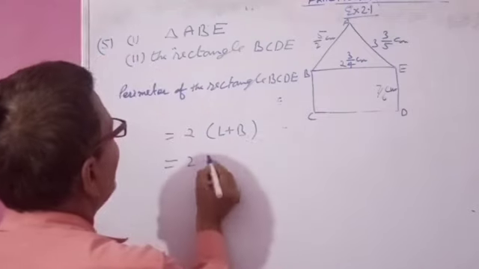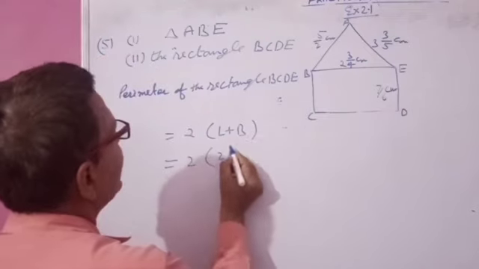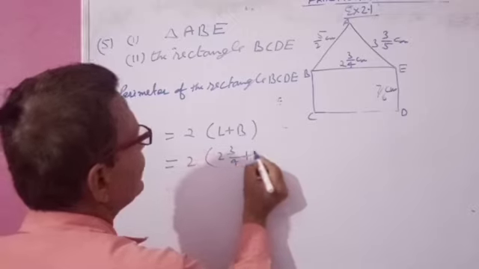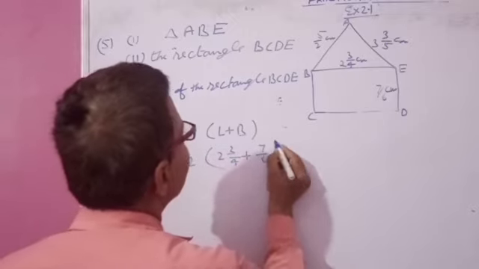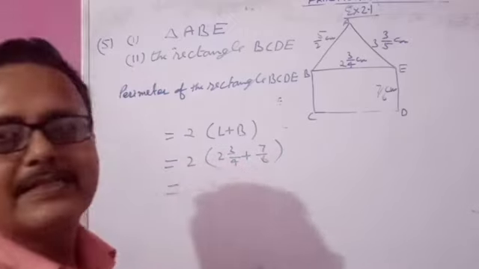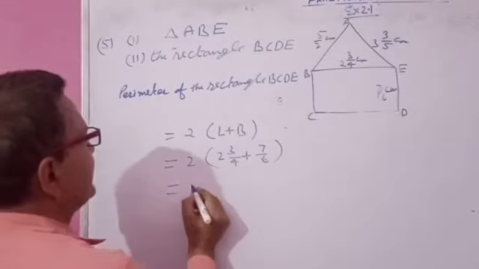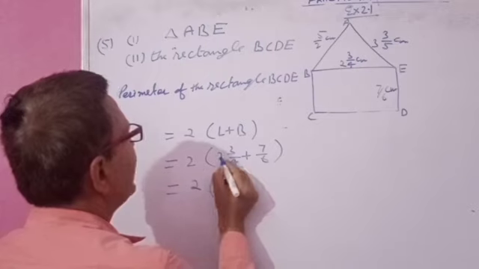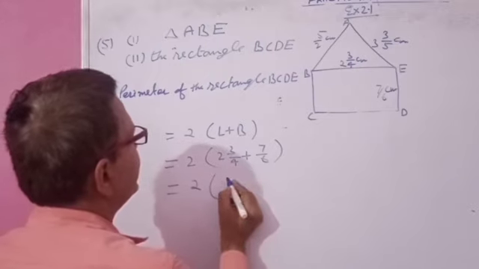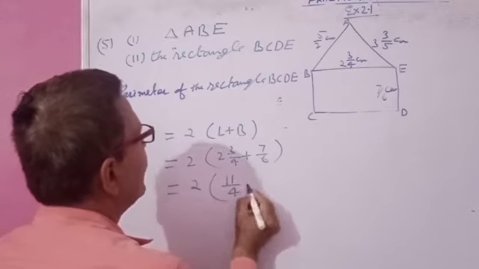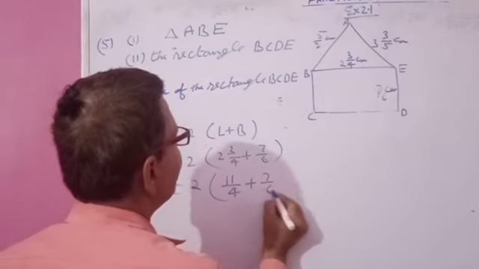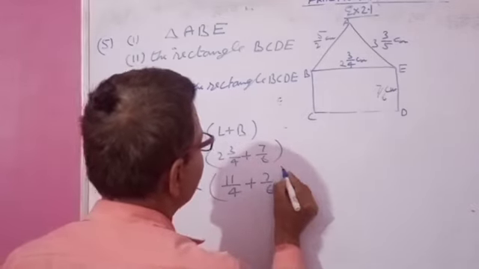So 2 times length 2 whole 3 upon 4 plus breadth 7 upon 6. First of all, you will change this mixed fraction into improper fraction. Now 4 twos are 8 plus 3, 11 upon 4 plus 7 upon 6.